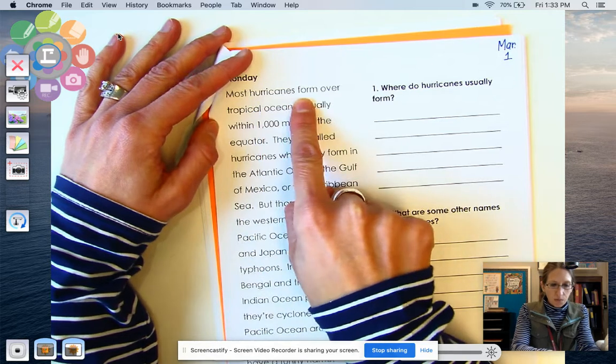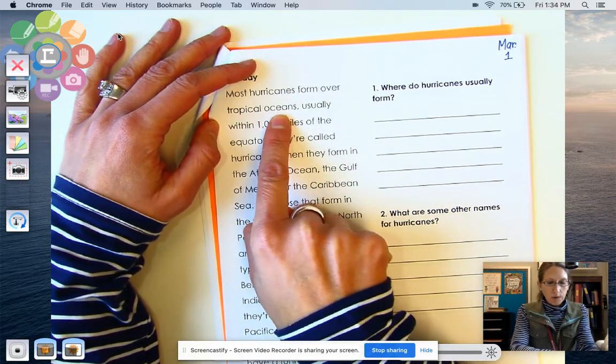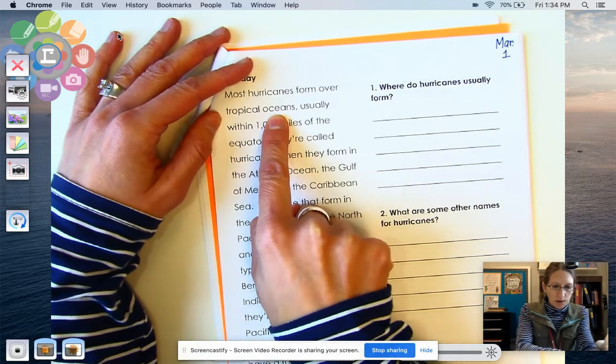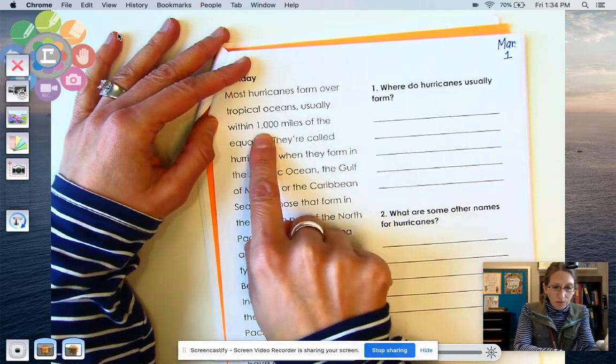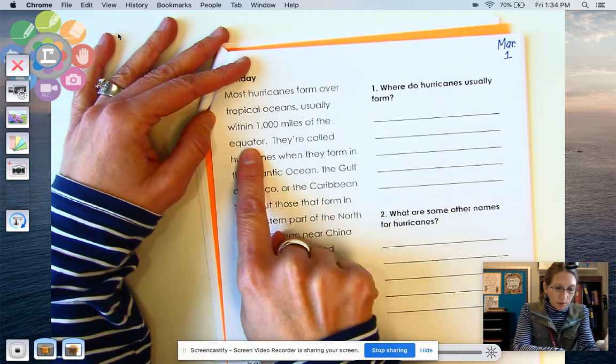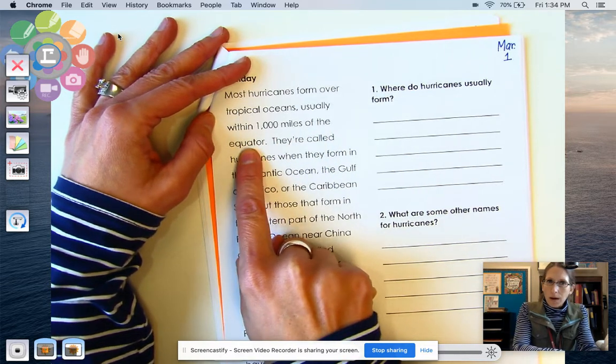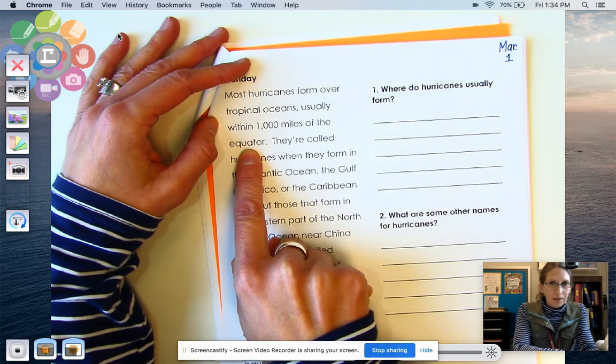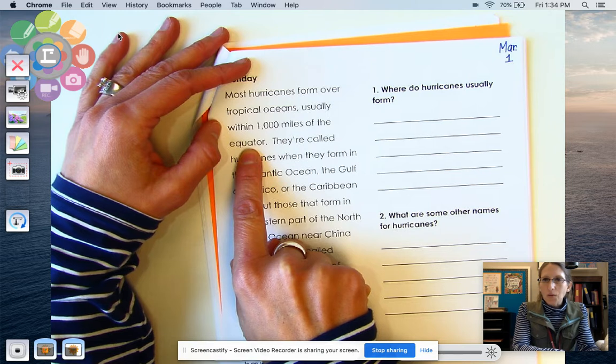Most hurricanes form over tropical oceans. Tropical, that means warm areas, tropical oceans. Usually within 1,000 miles of the equator. And we know the equator is that imaginary line in the middle of the earth. It's kind of like if the earth were wearing a belt.